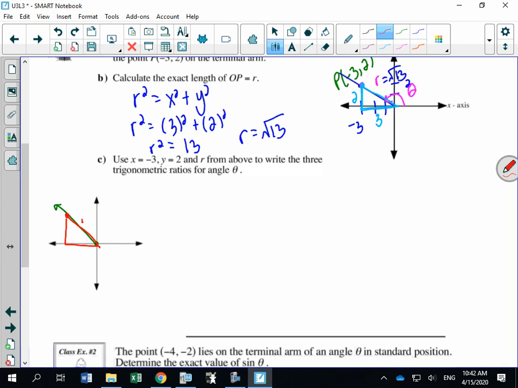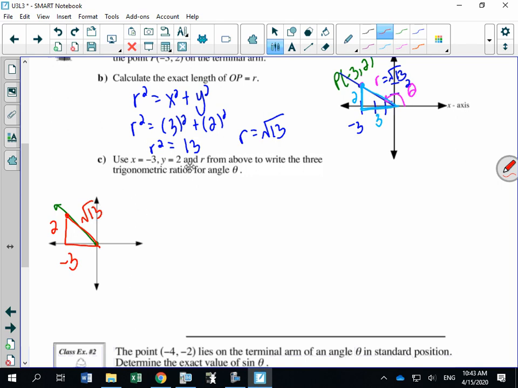The radius I got to be root 13, and y we know is 2, and x is -3. I only use the positive values to figure out the radius, but my x I'm going to put here as -3, okay?